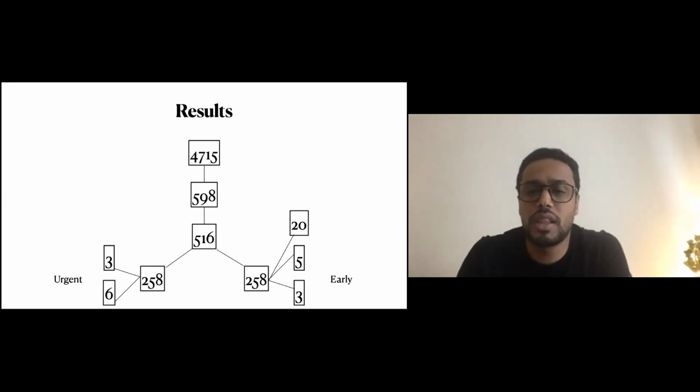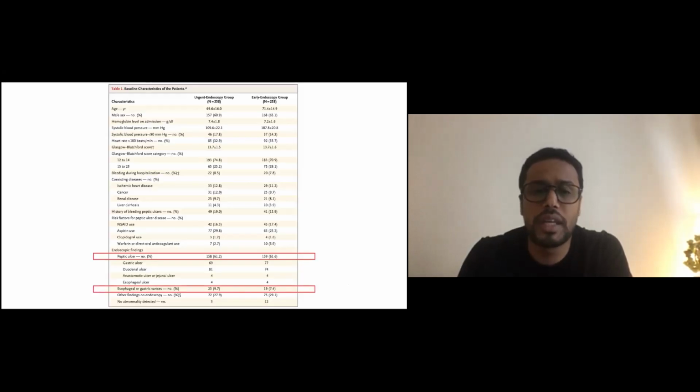What's interesting in this group is that 20 participants had an emergency endoscopy. They didn't wait for the 6 to 24 hours because they had symptoms that necessitated an emergent endoscopy, which is 8% of the participants.